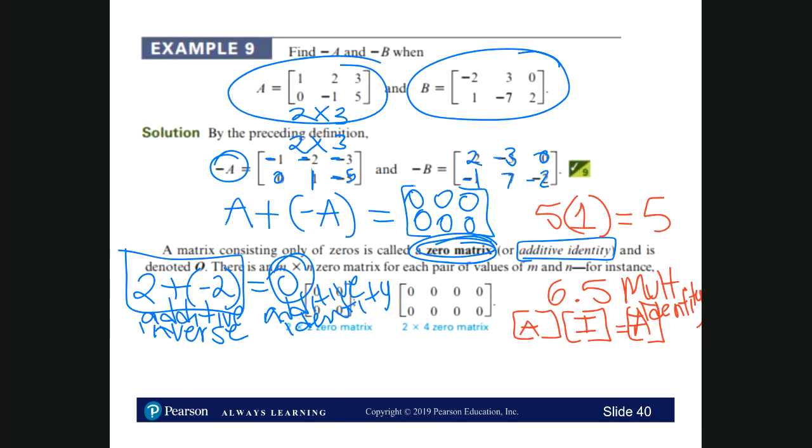So just like we have a multiplicative identity for real numbers, we will have a multiplicative identity for matrices. With numbers, we have also covered this concept. What would you have to multiply 5 by to give you a 1? And that would be 1 over 5, because we multiply straight across, and this will equal 5 over 5, which equals 1.